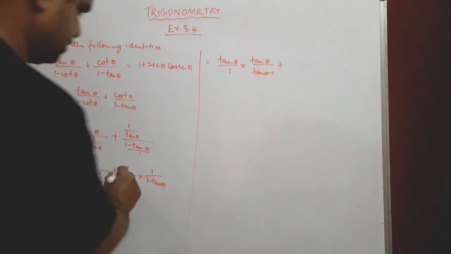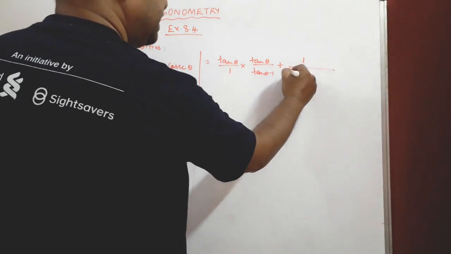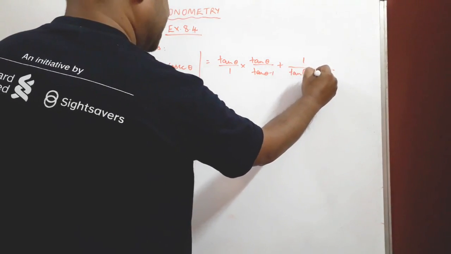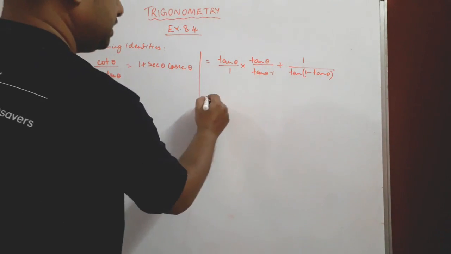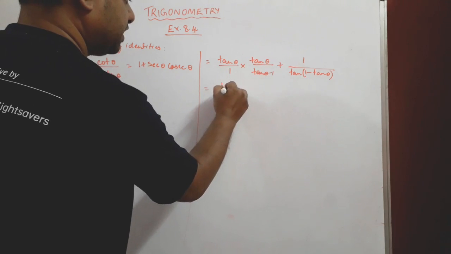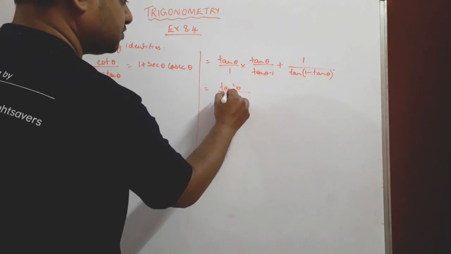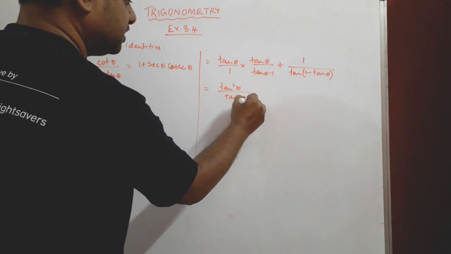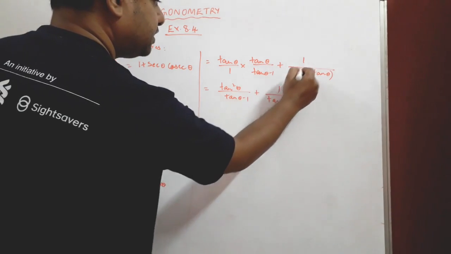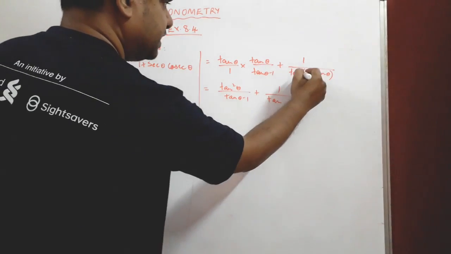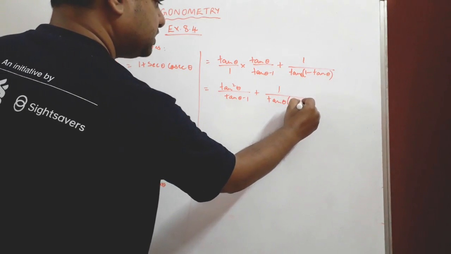Now we have the numerator, we can multiply, we get 1 whole thing upon tan theta into 1 minus tan theta. Now we multiply here, tan theta into tan theta, we get tan square theta whole thing upon 1 into tan theta minus 1, we get tan theta minus 1, plus 1 upon tan theta into 1 minus tan theta.